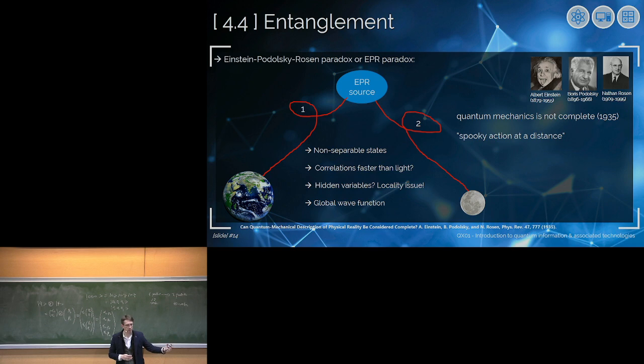When you measure your photon on Earth, it doesn't actually do anything to the one on the Moon until you tell the other one on the Moon that you measured yours. What I'm trying to say is that you do need some form of information between one and two to travel at a normal speed, or at least not faster than light, in order to say that you measured something. In other words, if you make your measurement but keep it for yourself, then on the other side this information does not exist, because you wouldn't know that something's been done on the other side.